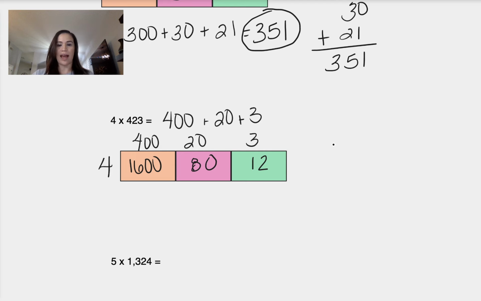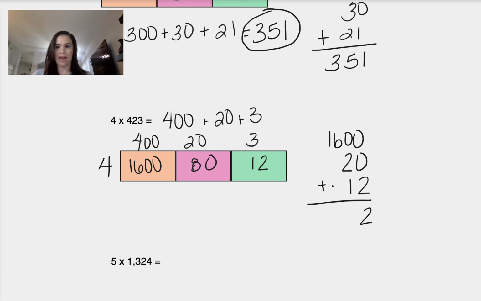So again, our last step is to add everything in the boxes straight down. So we have our 1,600 plus 80 plus 12. So if we were to add everything down, 0 plus 0 is 2.